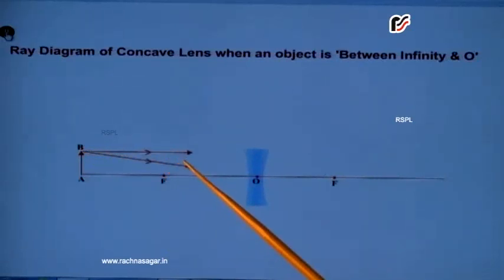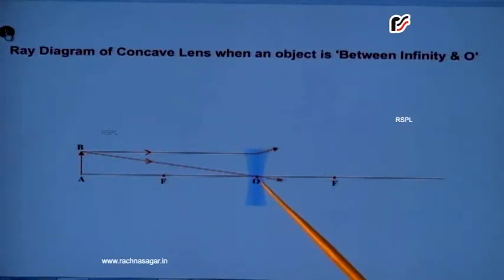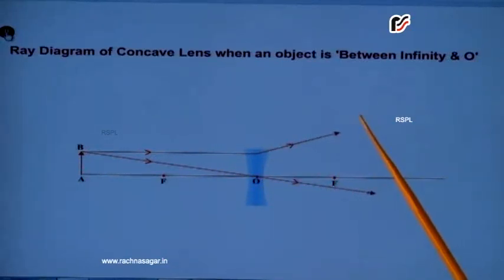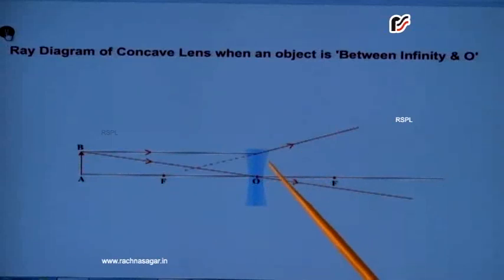The rays coming out from the object, after refraction, diverge or appear to meet at B dash, and the final image A dash B dash is formed. The nature of the image is virtual, erect and diminished. The final image A dash B dash is formed between F and O.